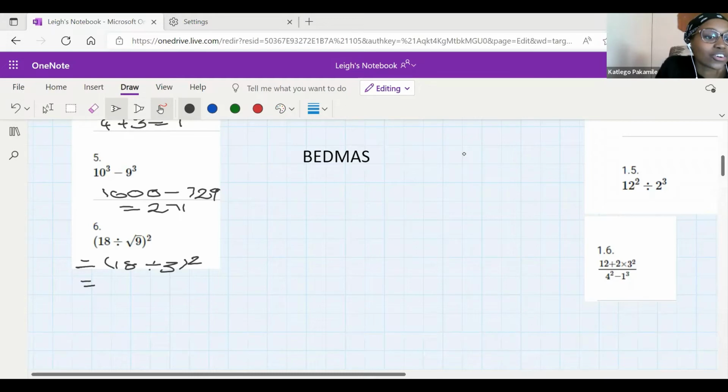So what do we divide? 18 divided by 3 is 6. And 6 squared is 36.